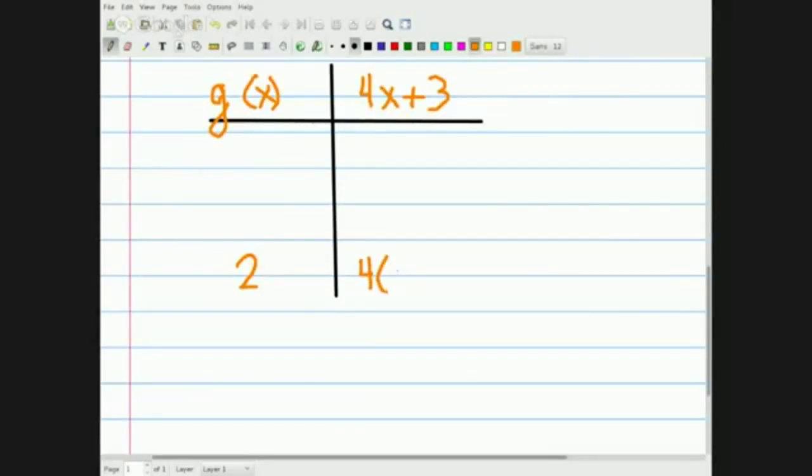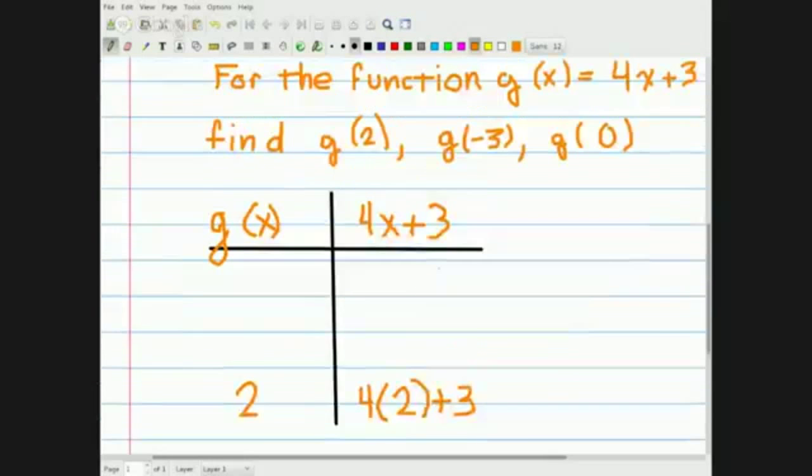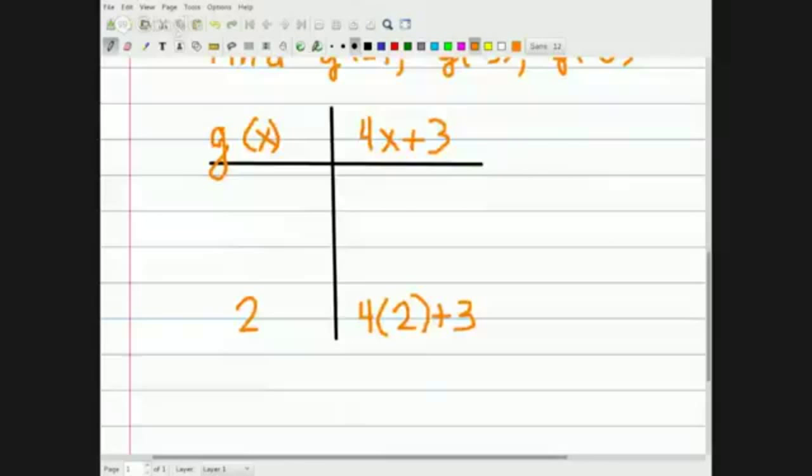So in this case, our function took an input of 2, so we replace x with 2, and we now have 4 times 2 plus 3, and that is our output from this function. We do the same with negative 3. We replace x with negative 3, and we end up with 4 times negative 3 plus 3.